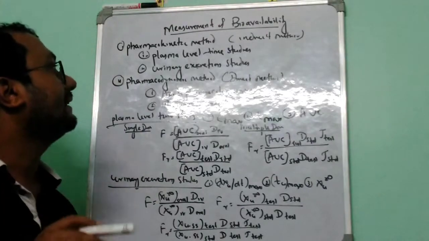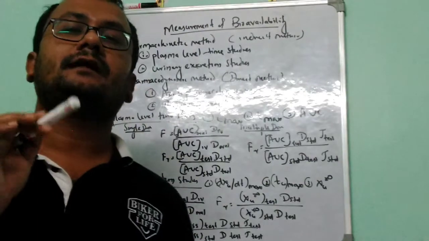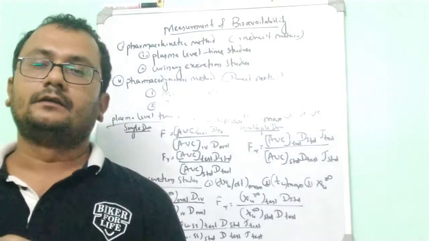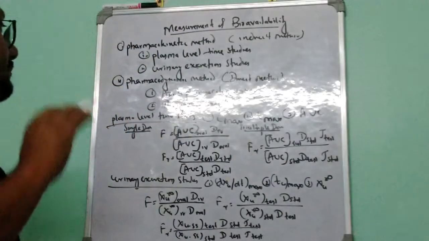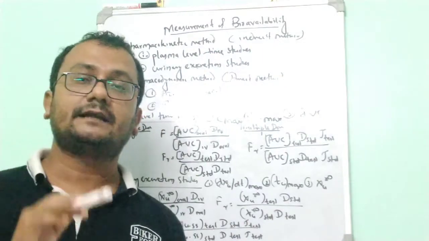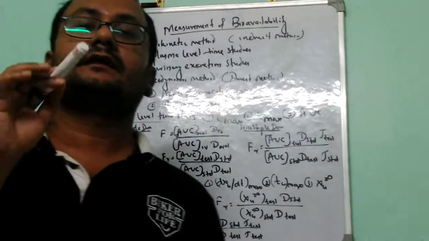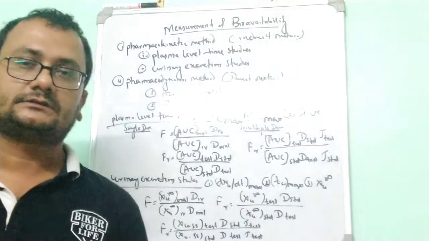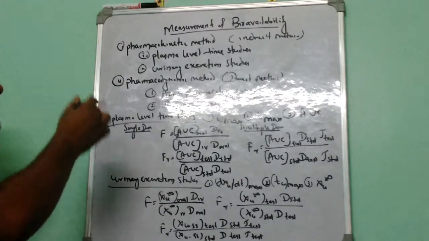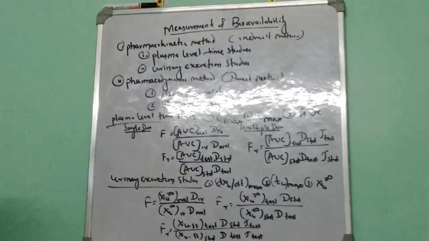In the pharmacokinetic method, we take two types of parameters: plasma level time profile and urinary excretion data. In the pharmacodynamic method, there are also two methods: acute pharmacological response and therapeutic response. Let us go deeper into these parameters. Let us discuss the pharmacokinetic method first.